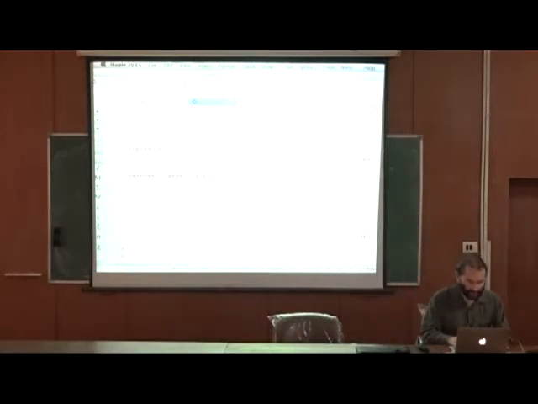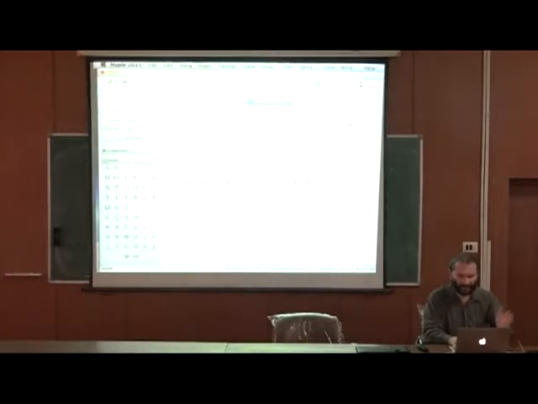So these are the evolution equations for rho Q, H Q, delta rho, and delta H. These are the equations.